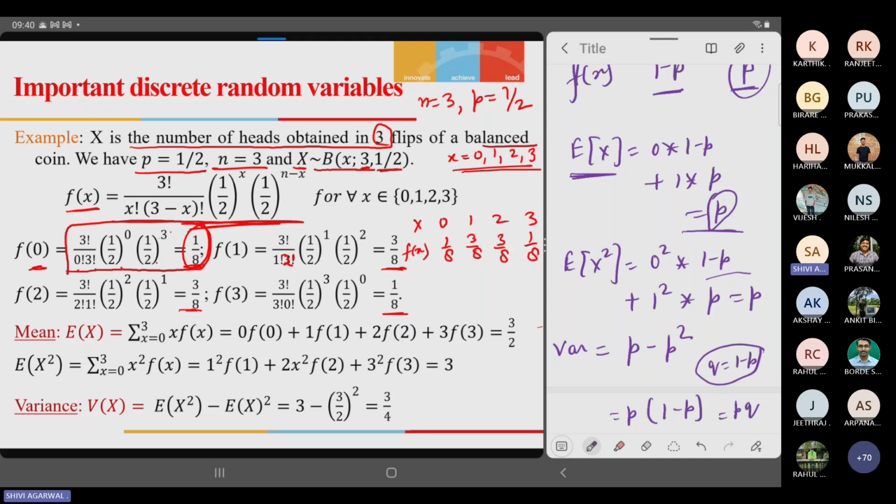Mr. Sanjeev, we are using X as the number of heads which are coming. So out of 3, there is the possibility that no head is coming. So that's why 0 is included. X is the number of heads, the number of successes.